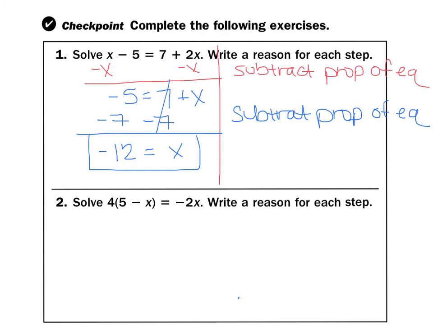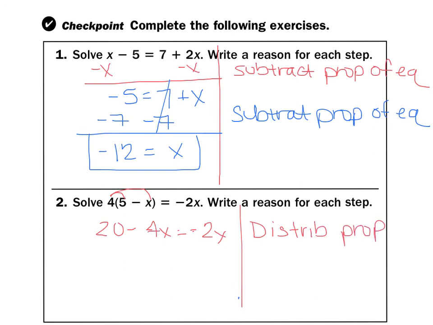Great, so now try number 2, and again, we're going to pause it, and then you come back and check. Okay, so in number 2, what I see first off is parentheses, which means we have to distribute. So we get 20 minus 4x is equal to -2x. So again, what we did there, we did the distributive property.